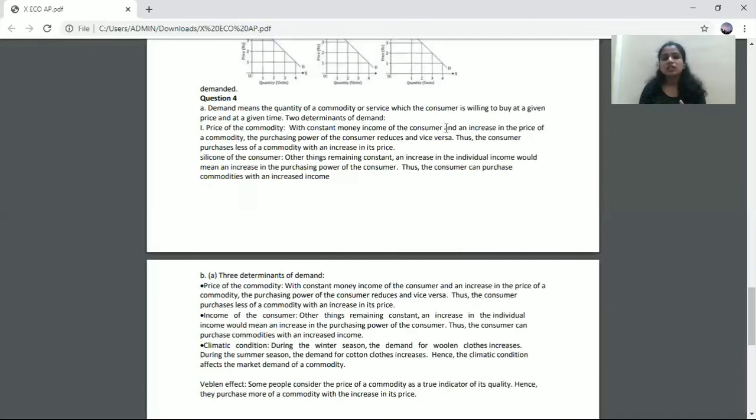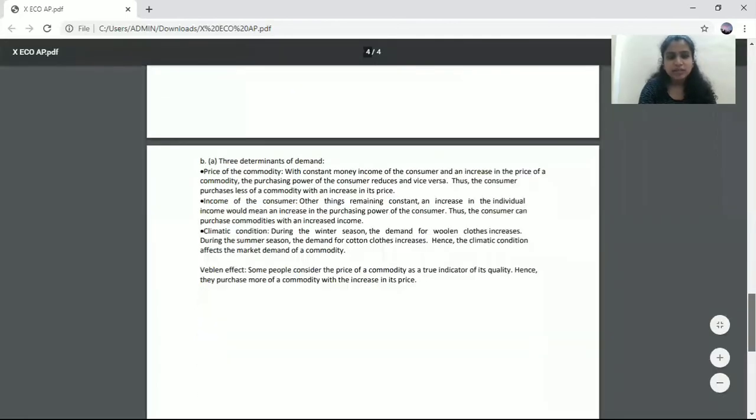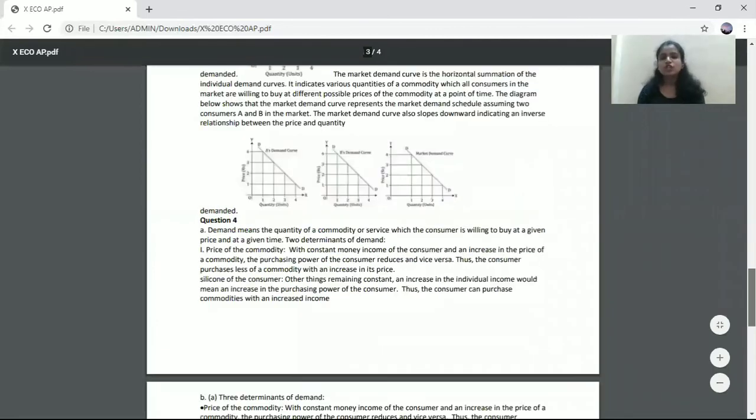Now since here we mentioned price of the commodity, right? Anyway, you have to mention any two factors.